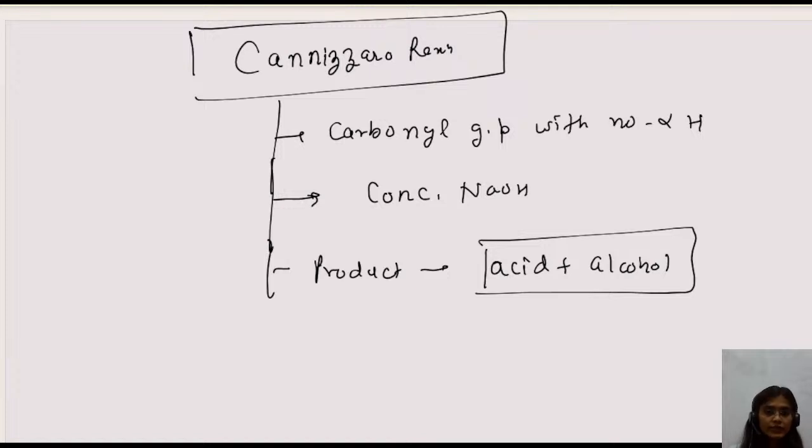So let's see some important points. In this case, it's a kind of redox reaction. No, it's not a redox reaction, it's a disproportionation reaction, which is better to say. Now, can you tell me what is the meaning of a disproportionation reaction?